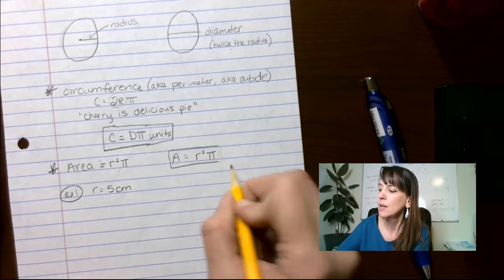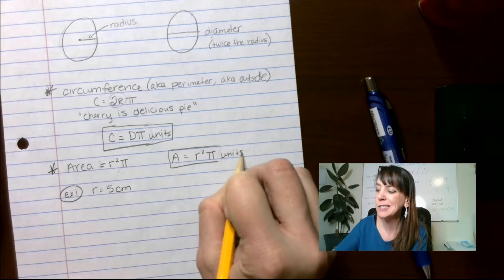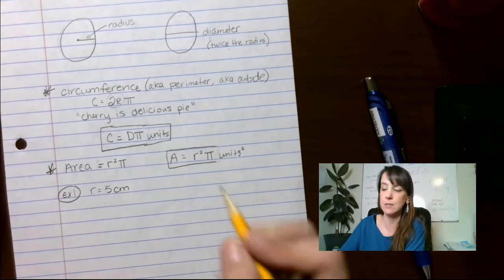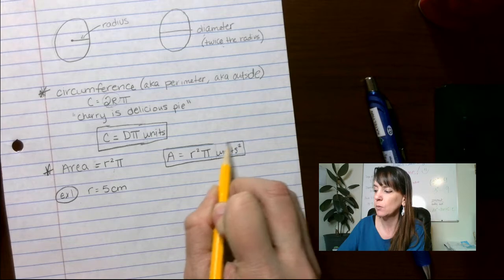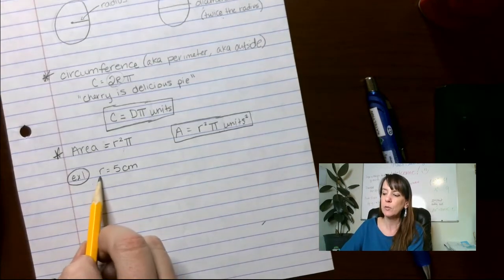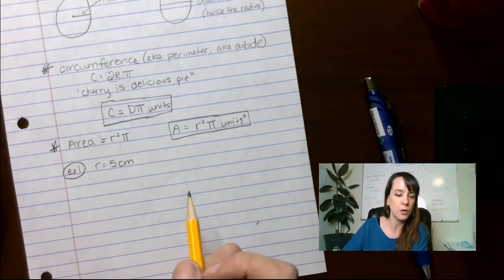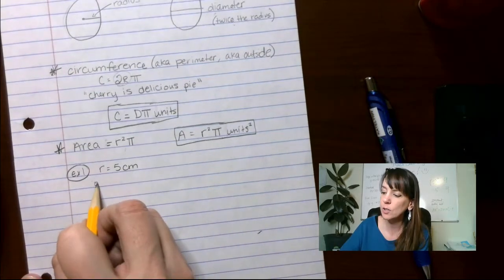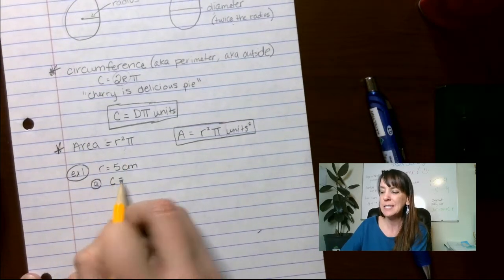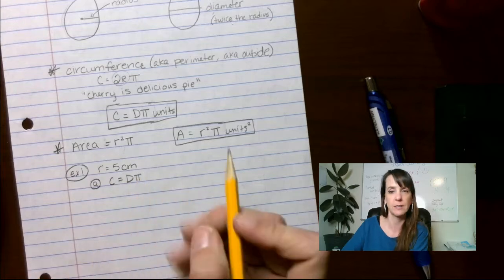Area is gonna be units squared, so like feet squared or square feet, either way, okay? So we come back down here, radius is 5 centimeters. A, what is the circumference of the circle? Cherry is delicious pie.